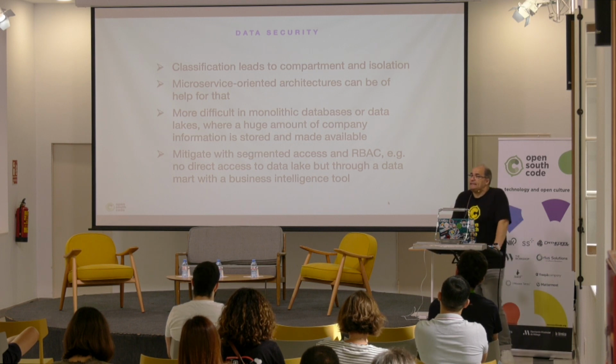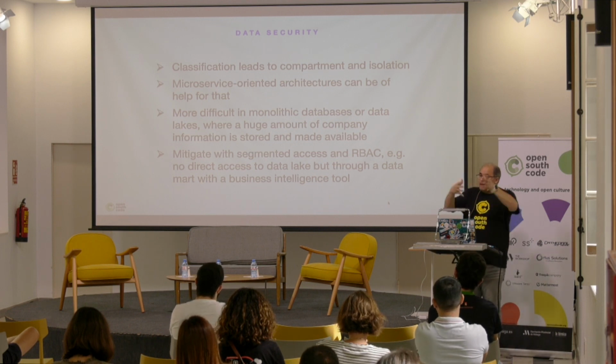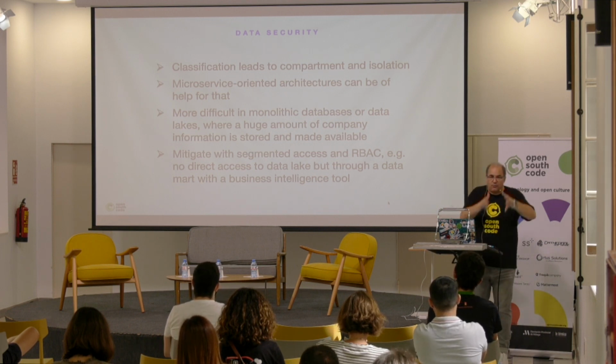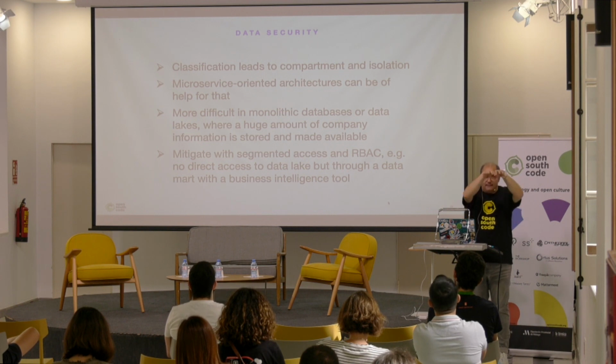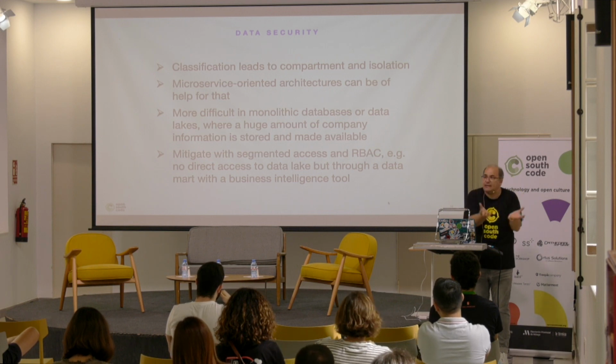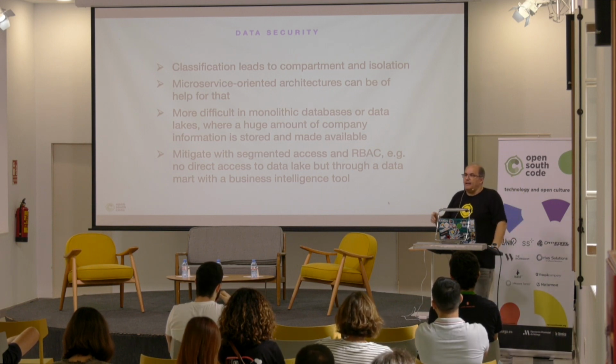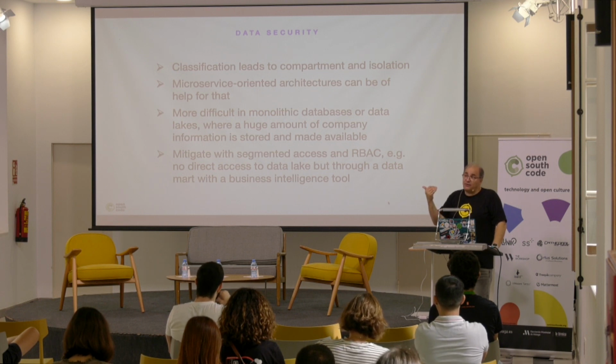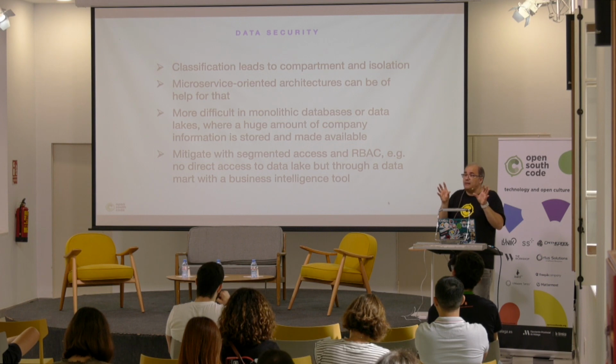If we say that classification leads to compartmentalization and isolation, because I know this data is the one that contains the sensitive data, so I know very well how to, let's say, monitor access to this database. When we are speaking about microservices-oriented architectures, this is very good because in a microservice world, it's really very good to fix that. No?